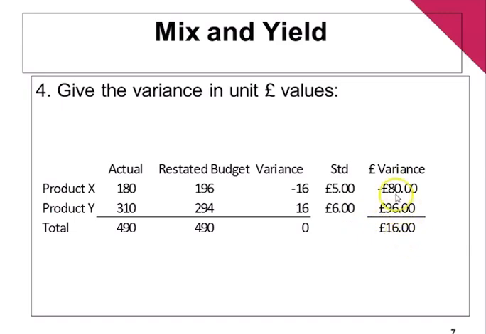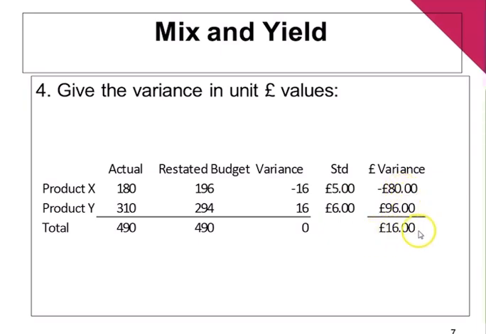For product X, the reduced volume has an effect of minus £80, whereas for product Y we sold more than the restated budget, and therefore it's good news. We've made £96 by selling more Ys and less X's, so we've made £16.